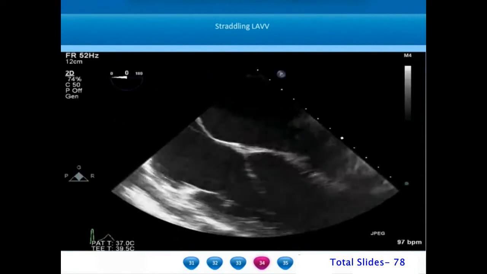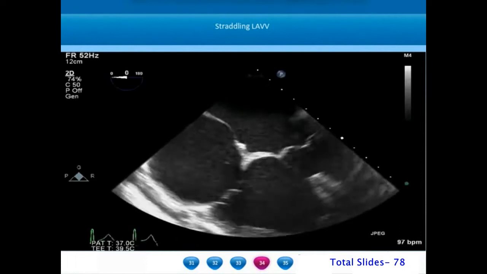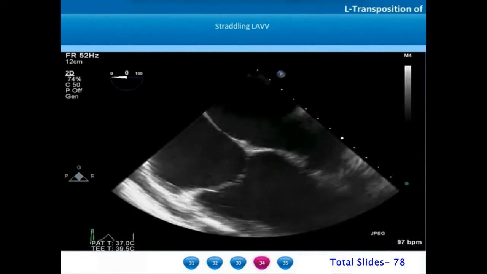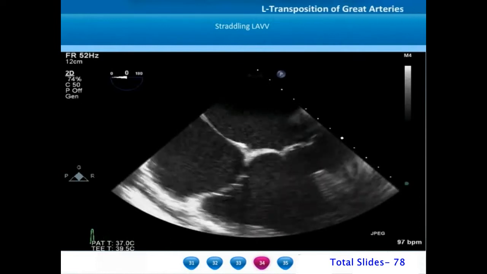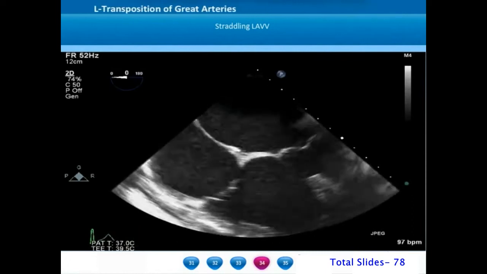The straddling of the left atrioventricular valve and its chordal attachment to the margins of the inlet ventricular septal defect are more clearly appreciated in this transesophageal echocardiogram.